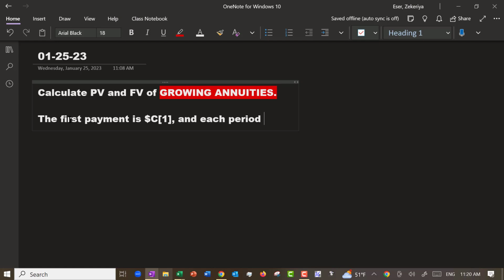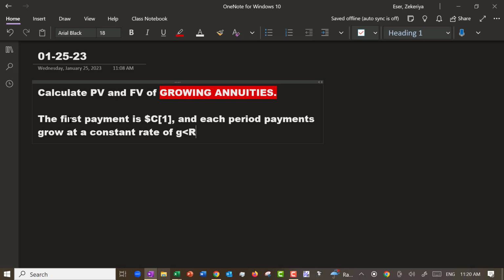Then each period payments grow at a constant rate of G. We're gonna make sure that G is less than the discount rate, because the formula we use is actually based on an infinite series. That infinite series does not converge unless the growth rate is less than the discount rate. Doesn't mean we can't handle it, but we can't do it using just the formula.